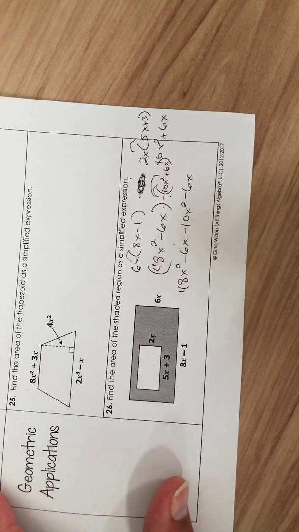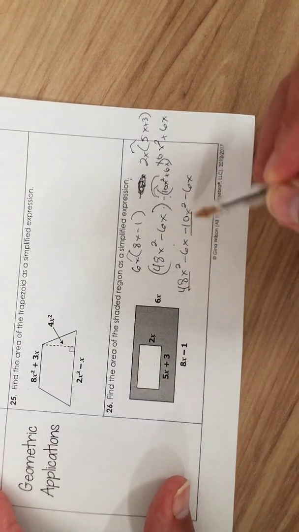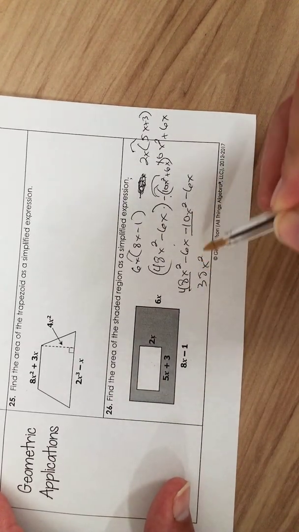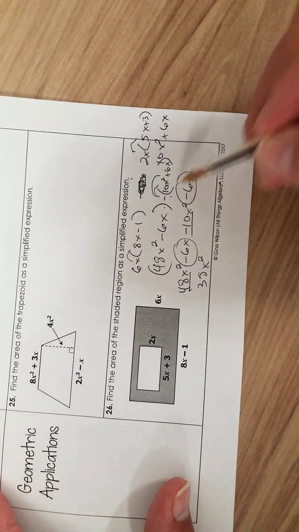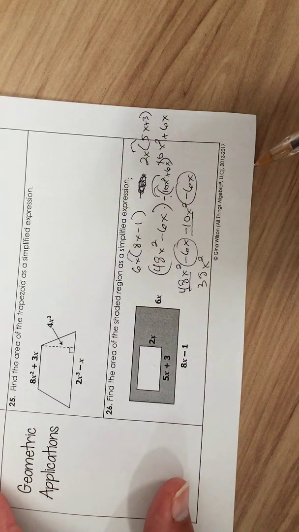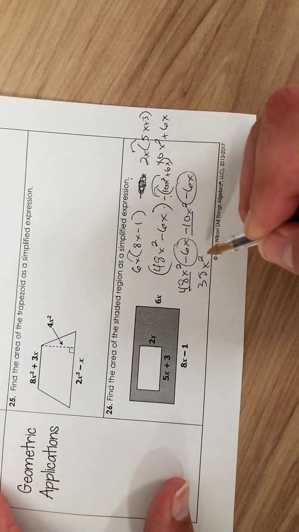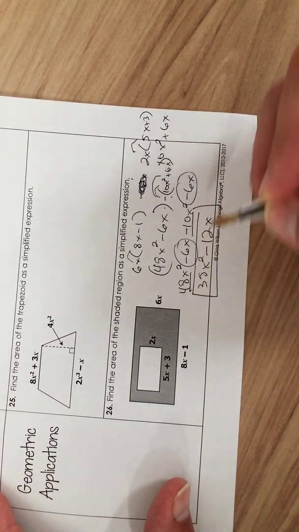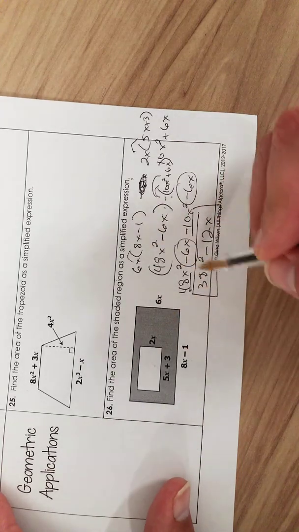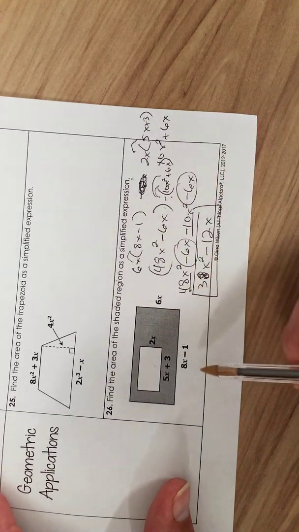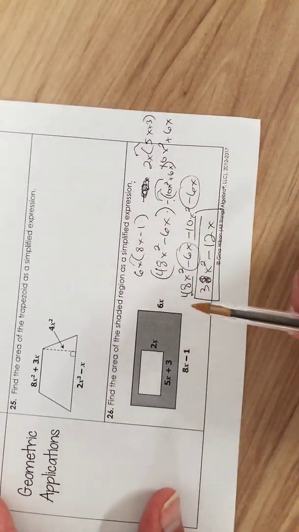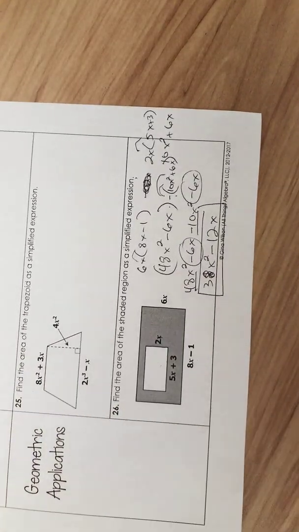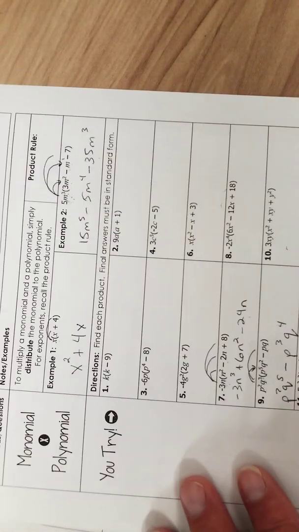And now I can add the like terms. These guys and this guy makes 38x squared. And this guy, they do not cancel out. Negative 6 plus another negative 6 is negative 12x. And that would be the area of the shaded part, 38x squared minus 12x. All right, multiplying a monomial times a polynomial.